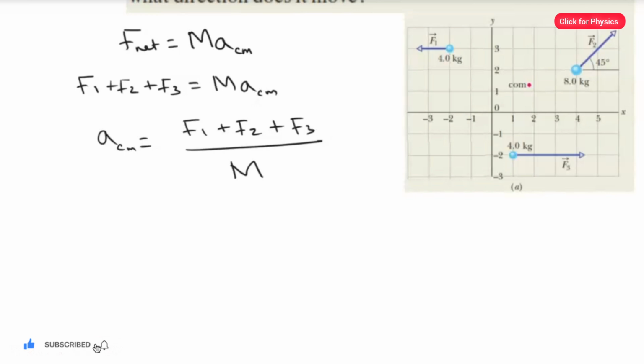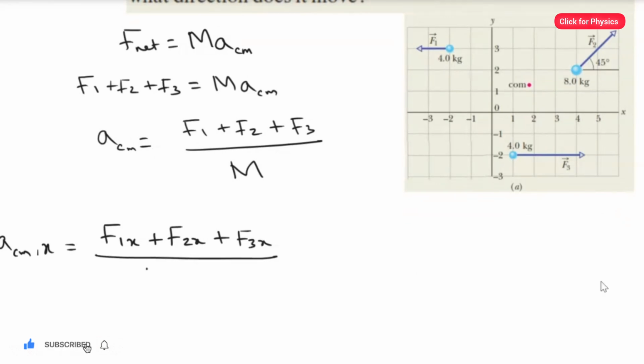So for finding the acceleration of the center of mass for the x component, it is given by the rule F1x plus F2x plus F3x divided by the total mass of the system, which is M1 plus M2 plus M3.